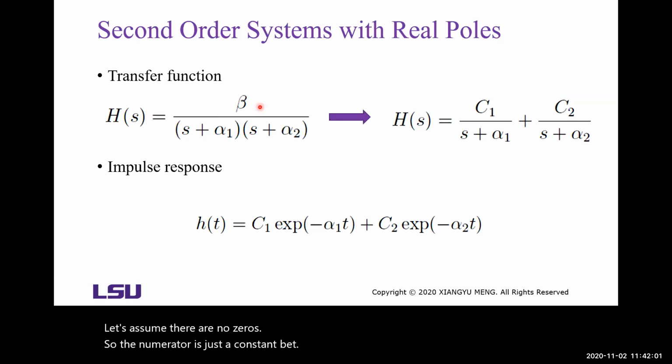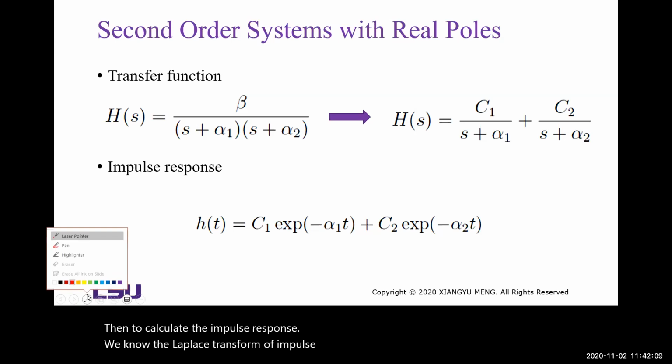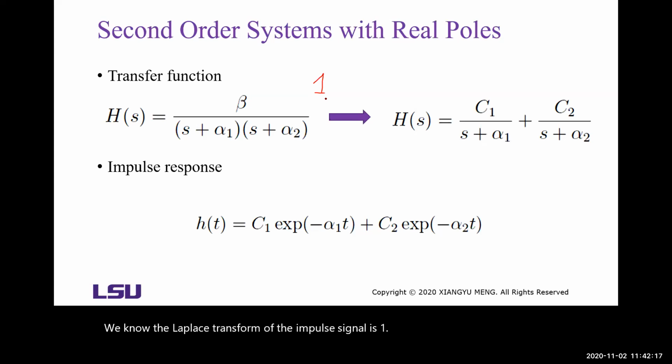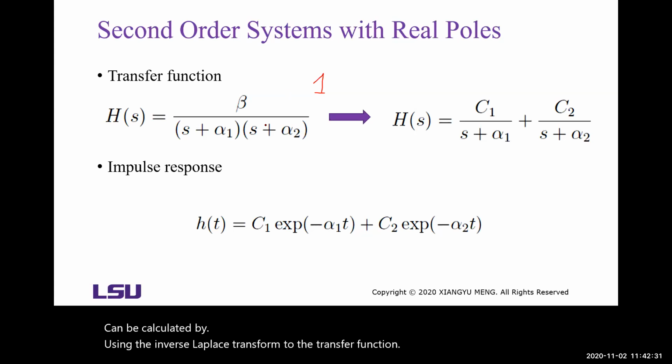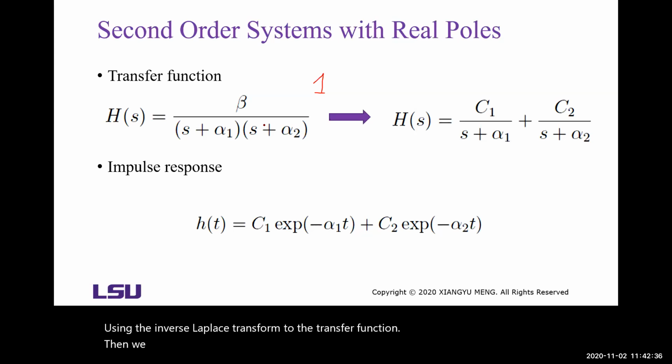To calculate the impulse response, we know the Laplace transform of the impulse signal is 1. Therefore, the impulse response can be calculated by applying the inverse Laplace transform to the transfer function. Then we can write the transfer function in partial fraction expansion form.